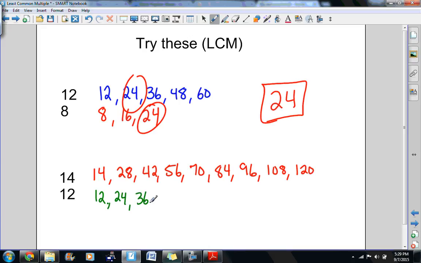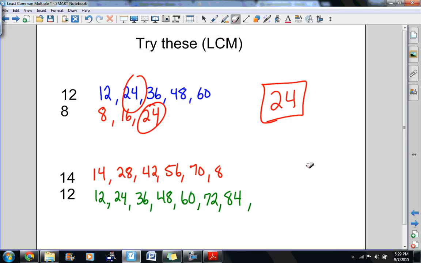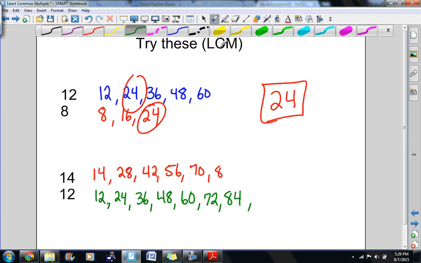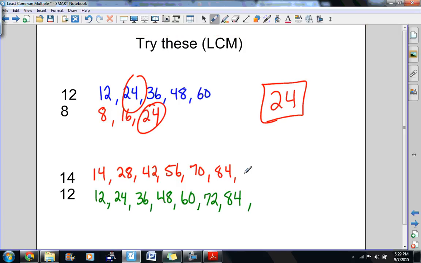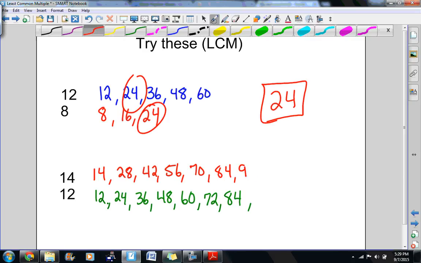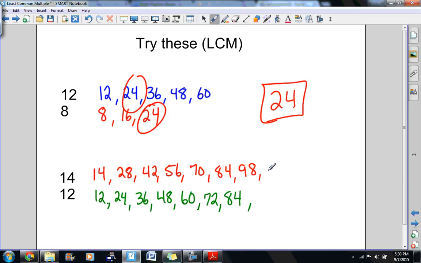It's very easy to make an arithmetic mistake on these problems, so make sure you really take your time. Oh, I made a mistake here on the top. There's my good example of making what a mistake looks like on one of these problems. There we go. 96. Nope, that's what I did last time. 98. There we go.